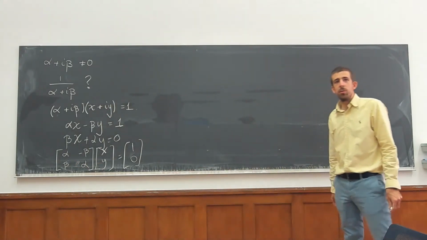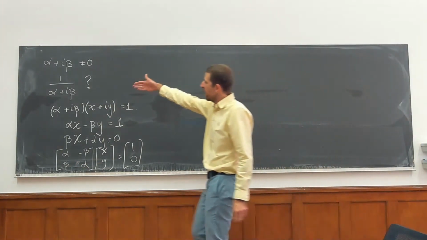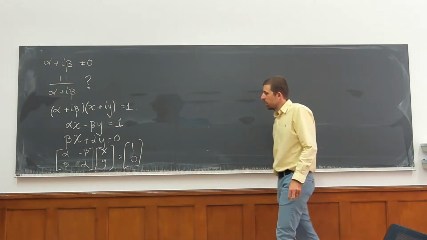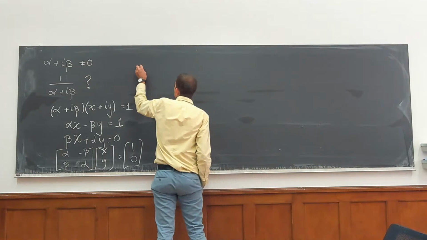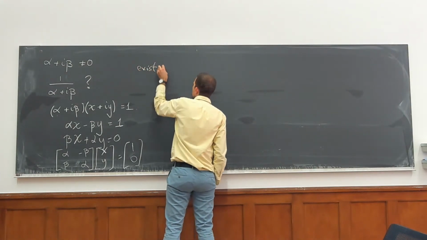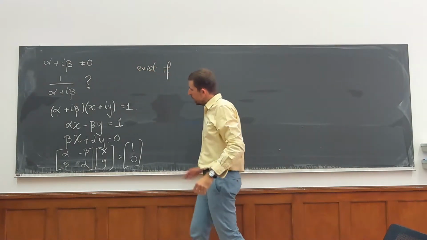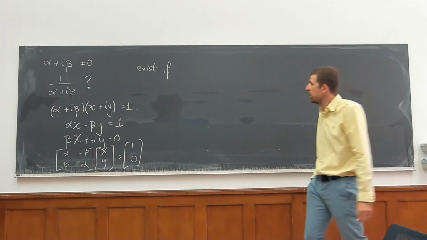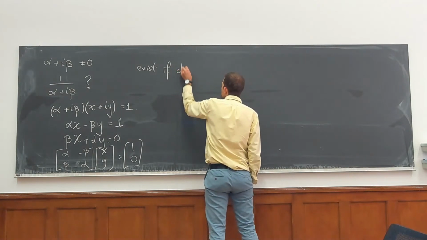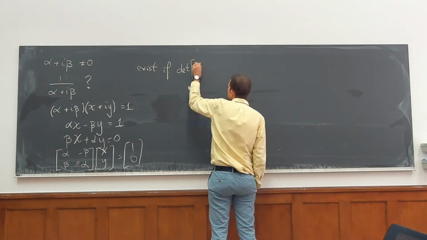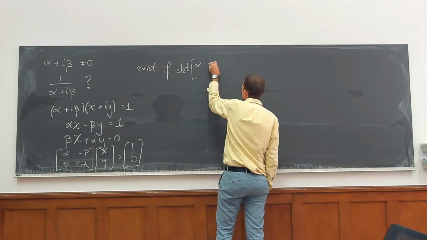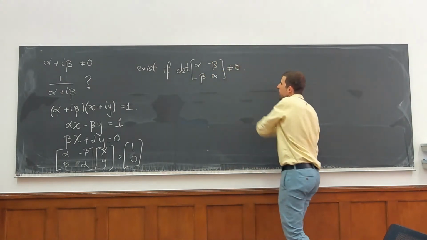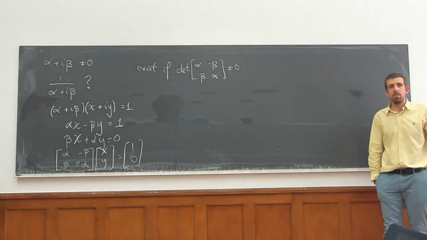The solution to the quotient, the inverse of alpha plus i beta, is just a solution to this. So it will exist as long as the determinant of this matrix is non-zero. So we just have to take the determinant of that matrix. Luckily, this is a nice matrix to take the determinant of. As long as this is non-zero, we're okay.